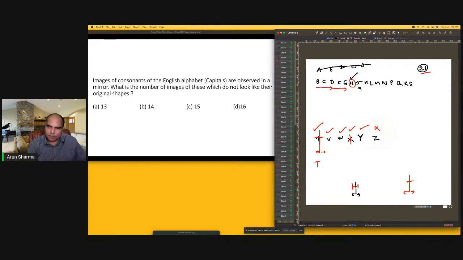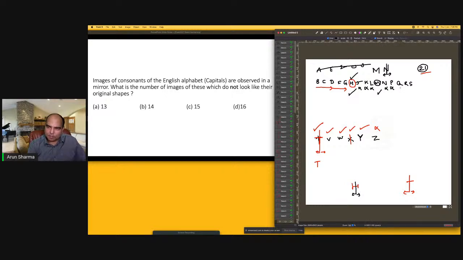J will not be symmetrical, K will not be, L will not be. M written correctly in capital will look like this. If you look at it in the mirror, it will also look the same. So I've got my 7th letter. N in the mirror will not look the same because this is not symmetrical. What is to the right is not the same as what is to the left. So N does not look the same.